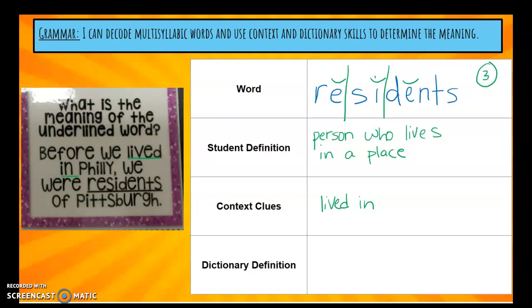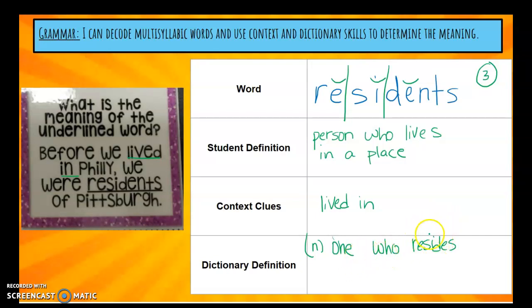Okay, so the definition in here says, and I know this is a noun, okay, because they're talking about a person. So this is a noun. It'll even say that in here. And the definition is one who resides. And if you don't know what the word resides means, it's right above, and it's somebody who makes a home.